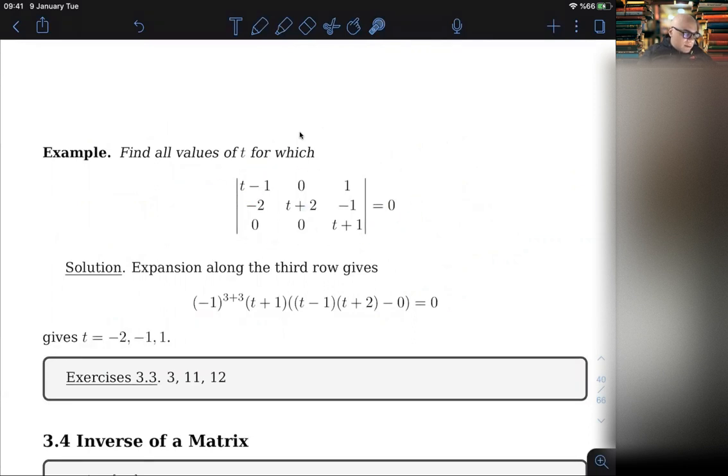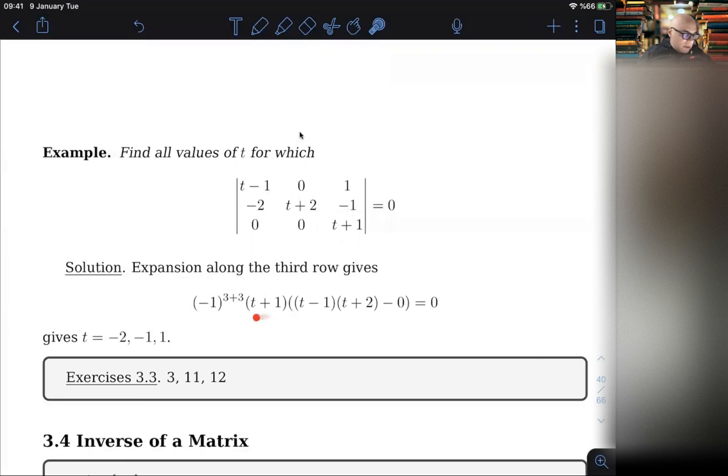So we have some t's inside this determinant. Again, we see there's a row here which has a lot of zeros, or we can use this column. Both are fine because there are a lot of zeros. In the solution, I took this row. In this row, there is only one non-zero element, which is t plus 1.